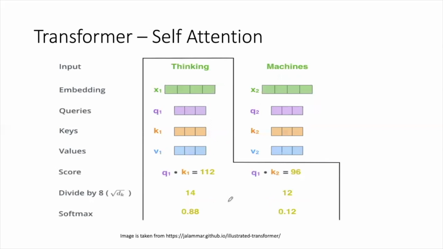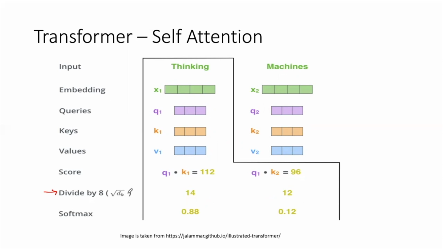Once we find these relevance scores, at this stage we also divide by a constant. This is typically the root of the dimensions of the input. The reason we do this is in case our dot product leads to large values.